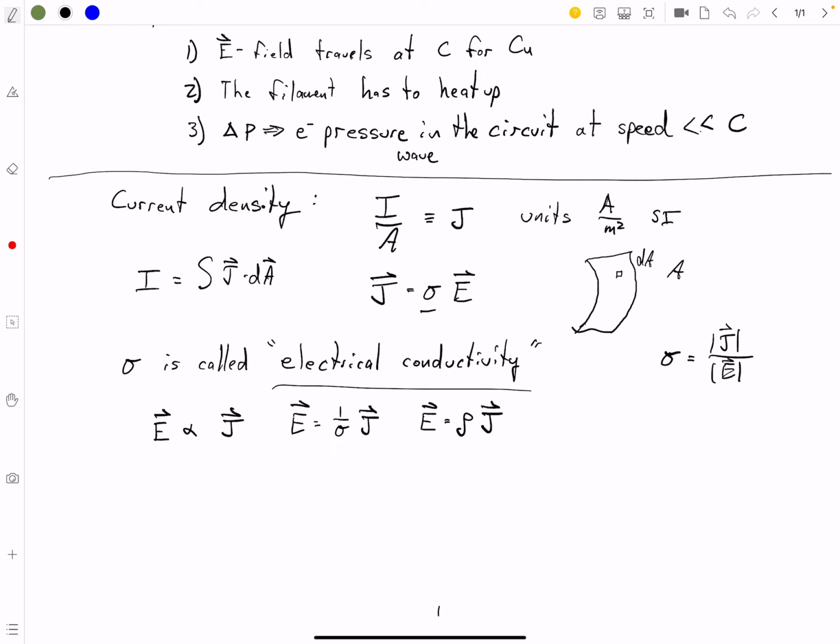So E equals rho J, and that rho is our resistivity.